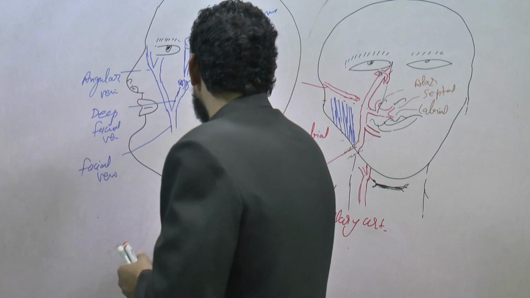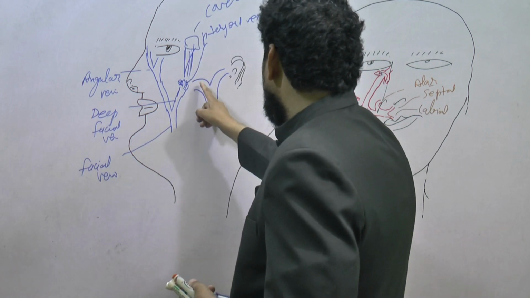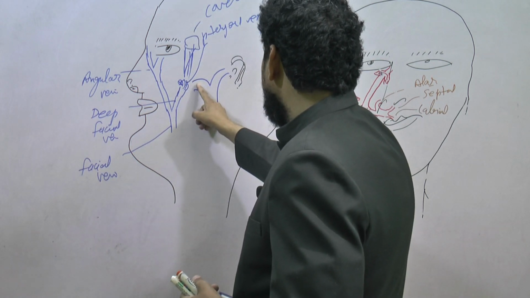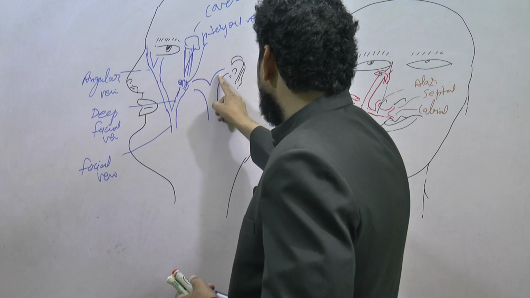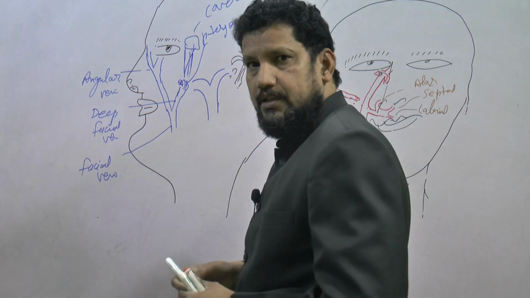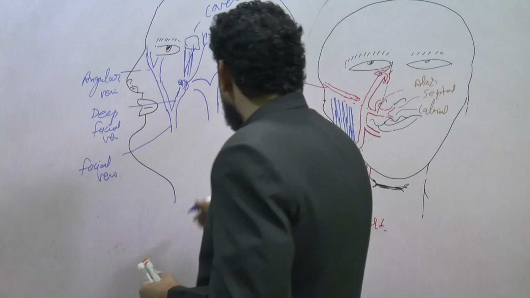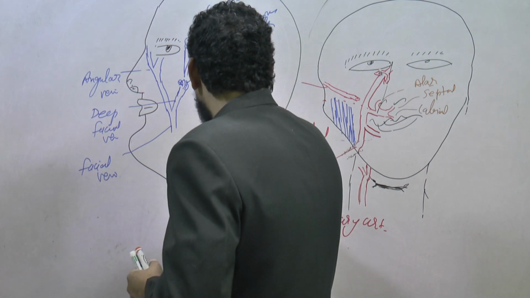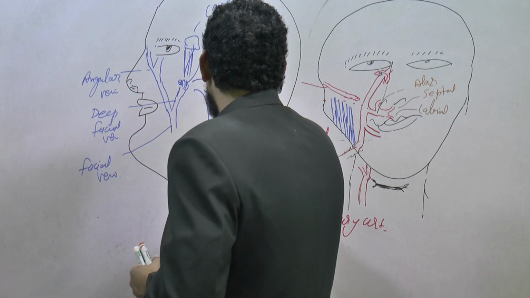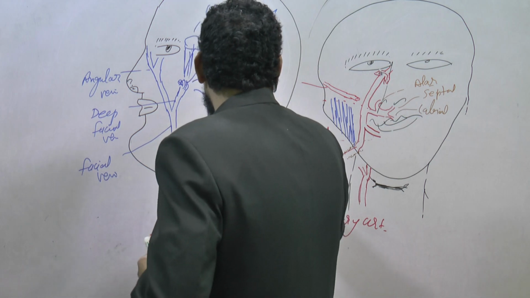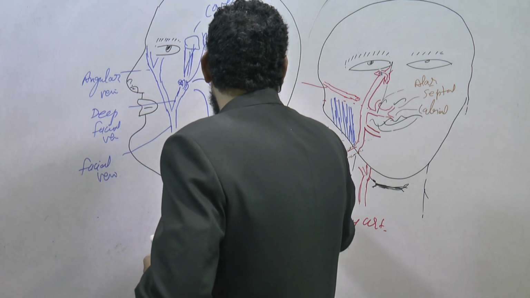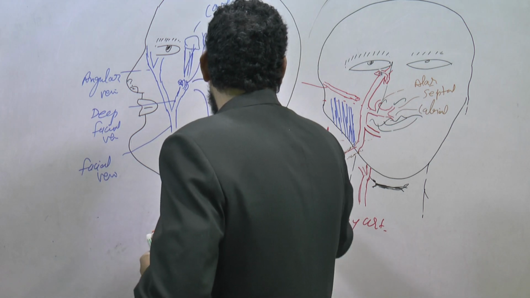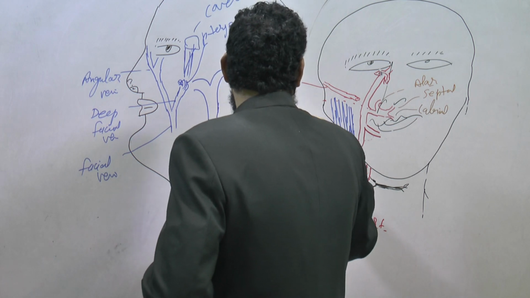And here, this is the maxillary vein and the superficial temporal vein. These two veins are joining each other to form the retromandibular vein.